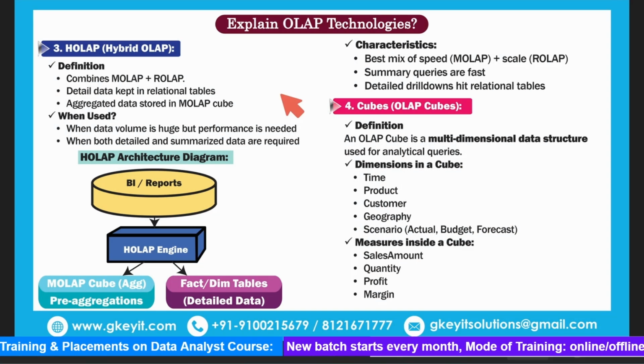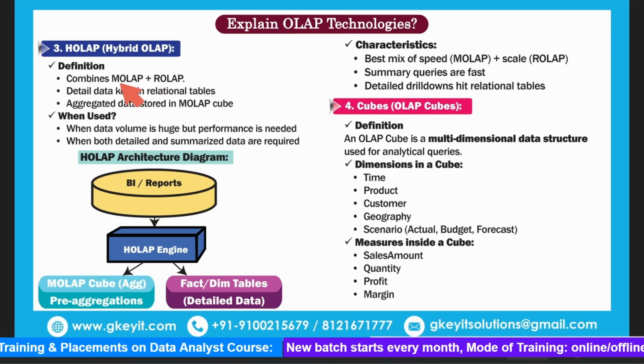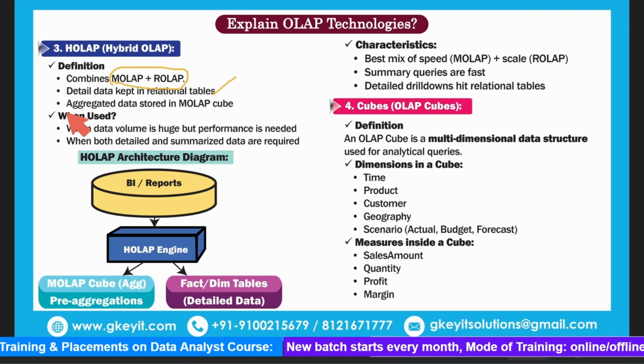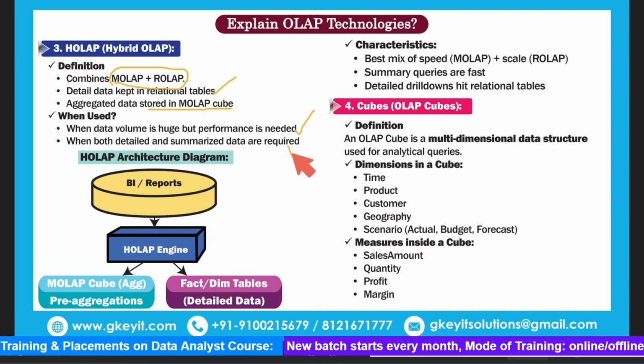Coming to the third type, that is HOLAP, which is hybrid OLAP. Definition: it is a combination of MOLAP and ROLAP. Detailed data is kept in relational tables, that is fact and dimension tables, and aggregate data is stored in multi-dimensional cubes. It is used when data volume is huge but performance is needed, and when both detailed and summarized data are required.